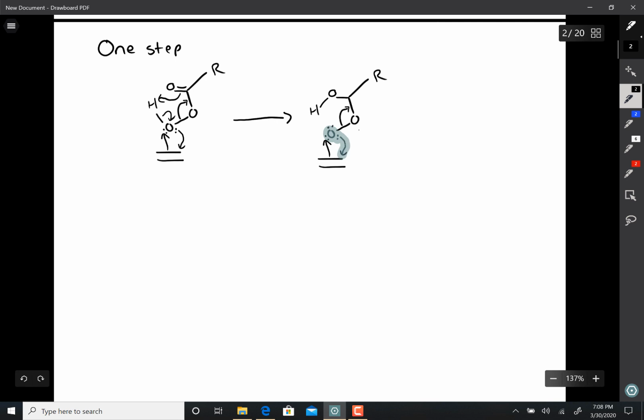So you're getting rid of that lone pair and you're creating a new bond to that carbon. This pi bond is going up to that oxygen. So what you're doing is creating a new bond from that carbon to that oxygen and getting rid of the pi bond. This bond here between the oxygens is moving between the oxygen and the carbon. And there we go. Or to put it more cleanly, we get the epoxide and a carboxylic acid.